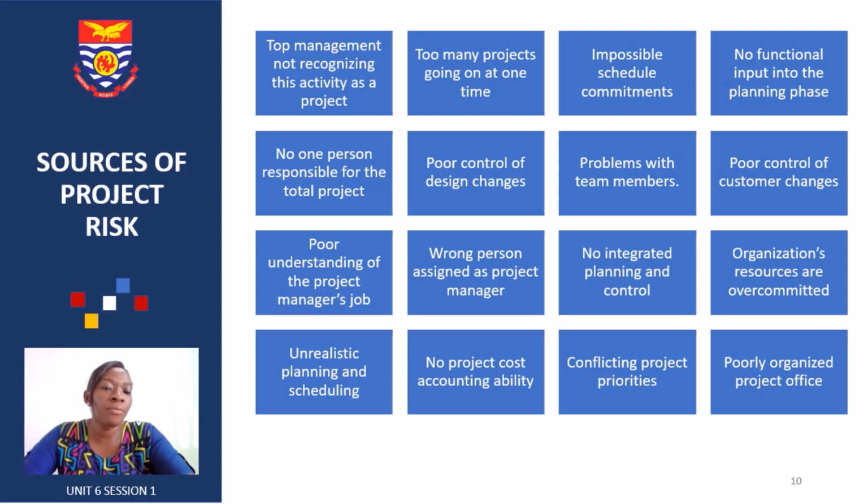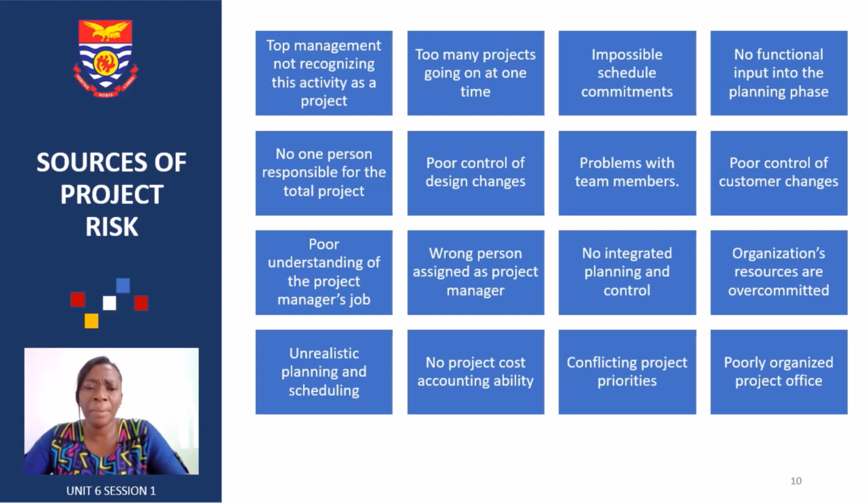Poor understanding of project manager's job. Wrong persons are assigned as project managers. No integrated planning and control. Organizations' resources being overcommitted, unrealistic planning and scheduling, no project cost accounting ability, conflicting project priorities, poor organizational project office. All of these can actually be a source of project risk.